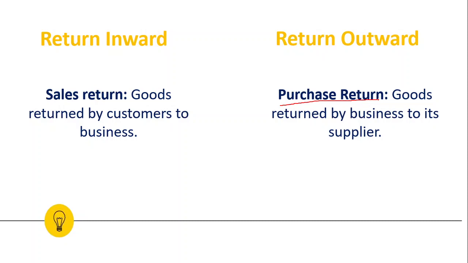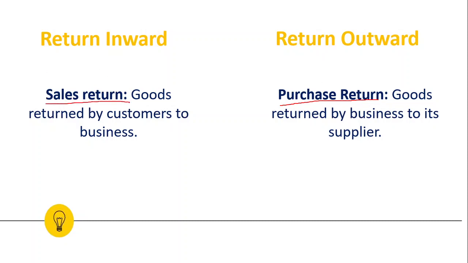But in case you have sold the goods to the customers and customers don't like it, or they received some wrong item, or maybe the good was defective, they may claim to return it back to the business. Receiving the goods back in the business will be termed as sales return.